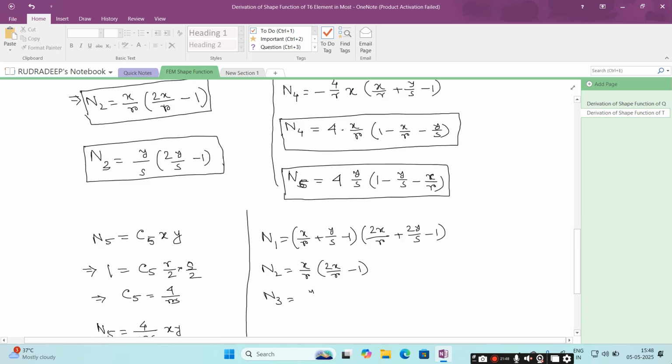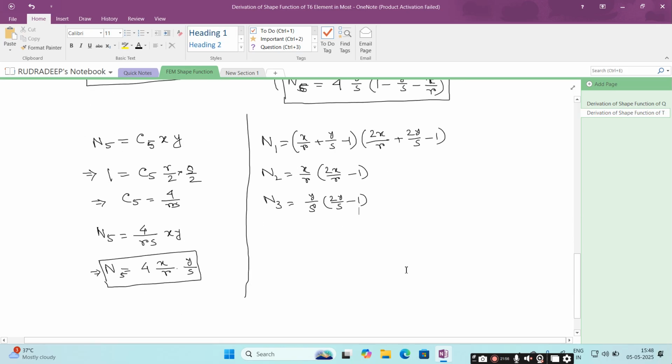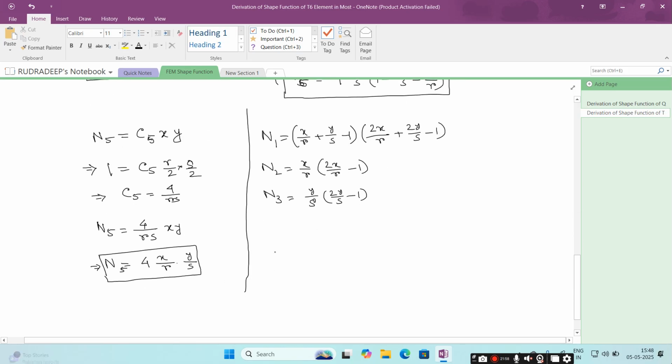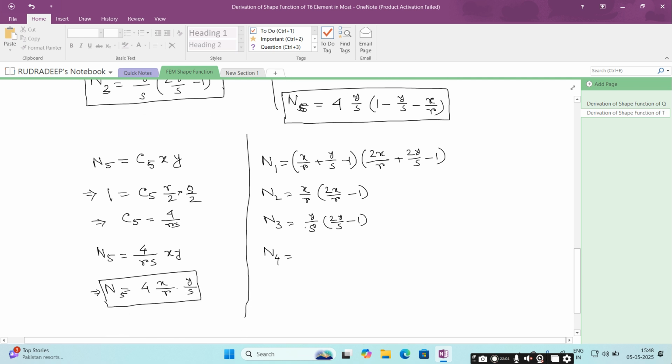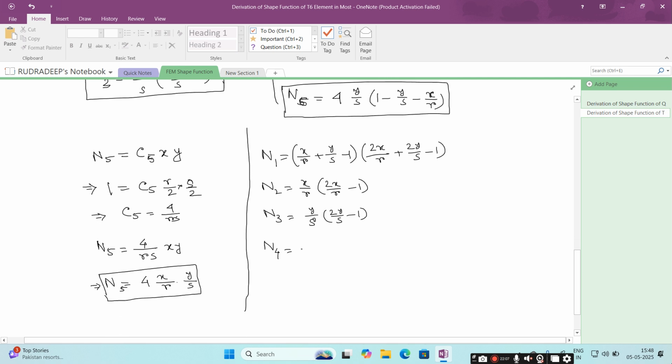N3 is y by s into 2y by s minus 1. N4 we got 4x by r into 1 minus x by r minus y by s.